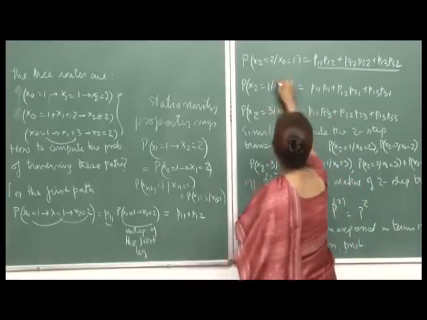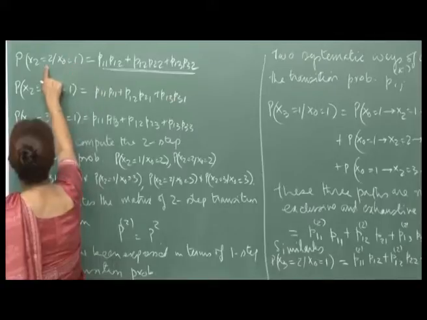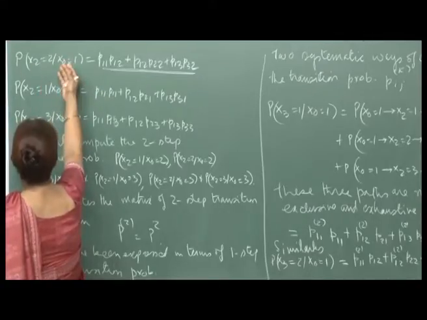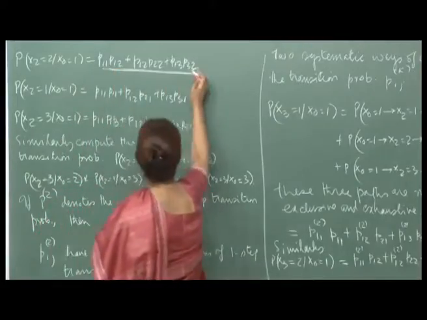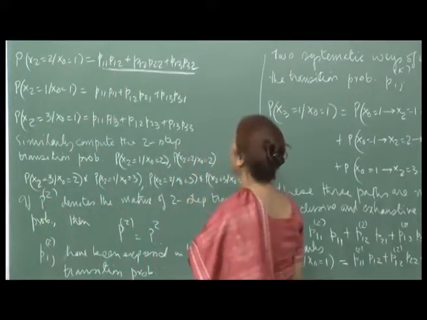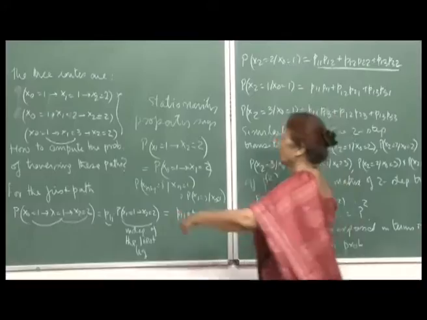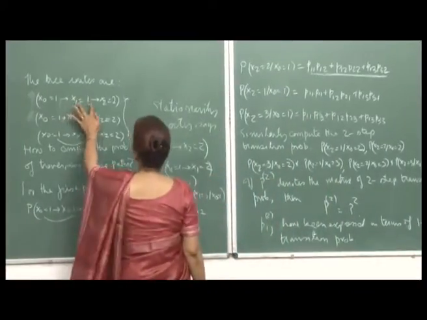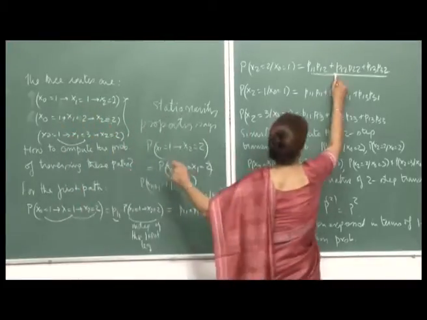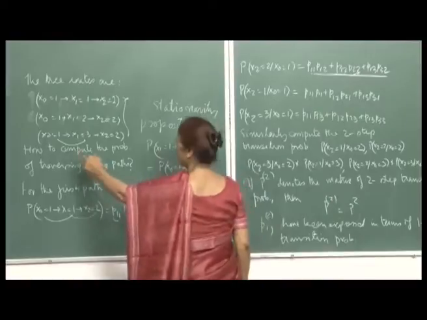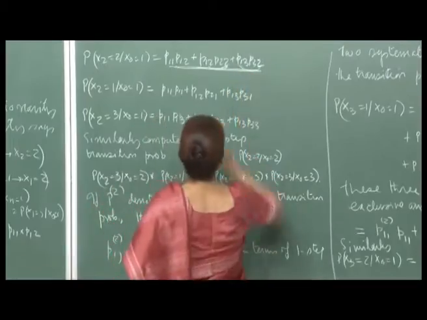So, these are the 3 possible ways of going from 1 to 2 in 2 steps, right, the 2-step transition. All these 3 add up to this. So, this is P_11 P_12, then P_12 P_22, which is this path, and then P_13 and P_32. So, these are the things.